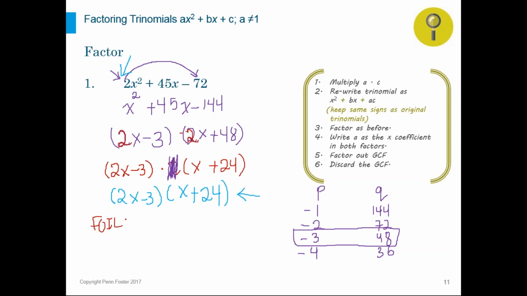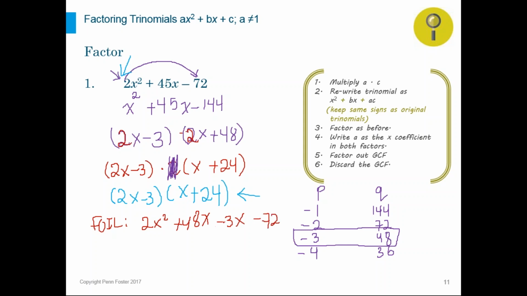So FOIL would be multiplying these two factors together. So 2x times x is 2x squared. 2x times 24 will give you 48x, and then negative 3 times x is negative 3x, and then negative 3 times 24 will give you negative 72.